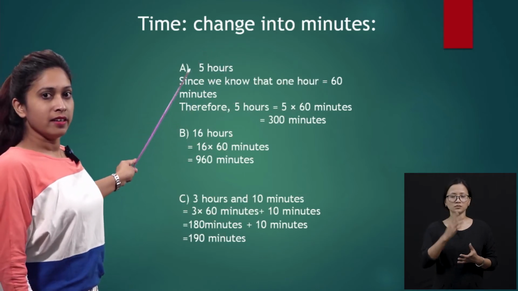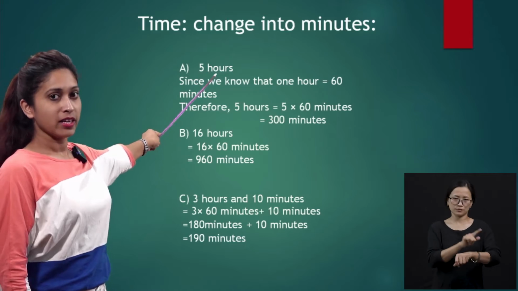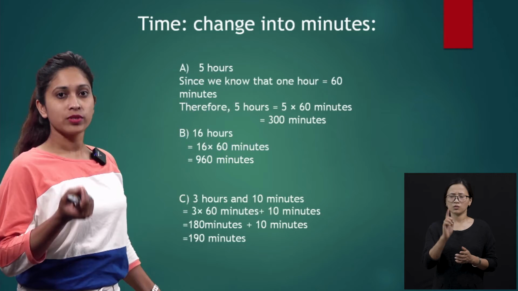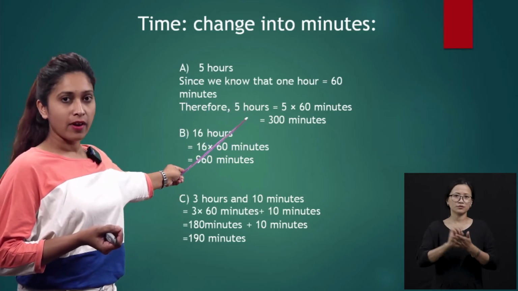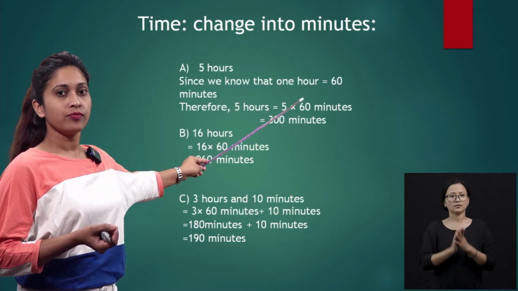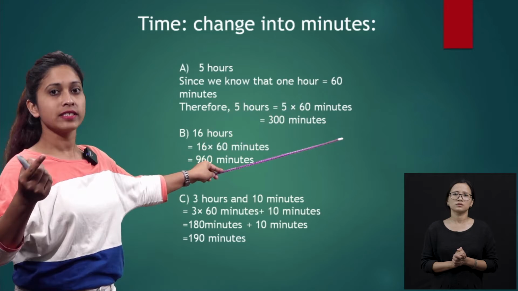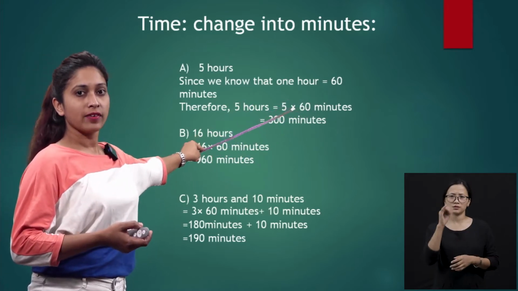Let's see, how many hours do we have here, children? We have 5 hours. Since we know that 1 hour is equal to 60 minutes, you need to write here 5 hours equals 5 into 60. You need to multiply 5 with 60, and how much will you get?